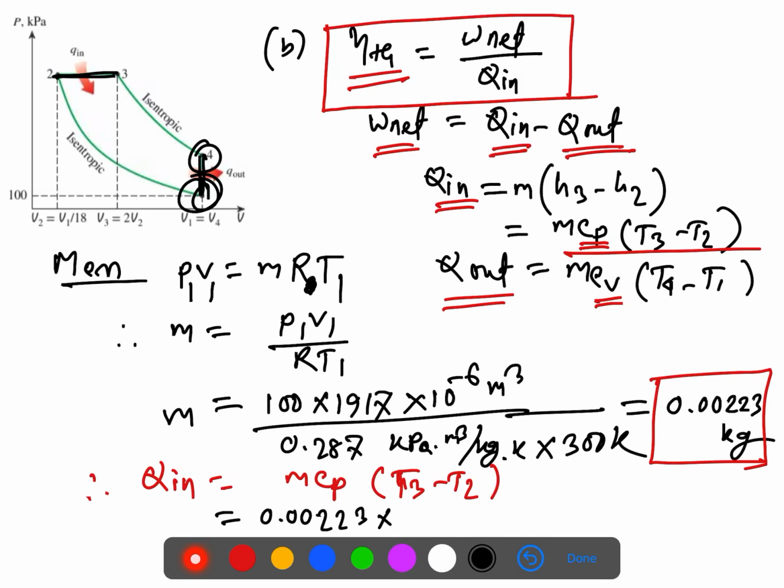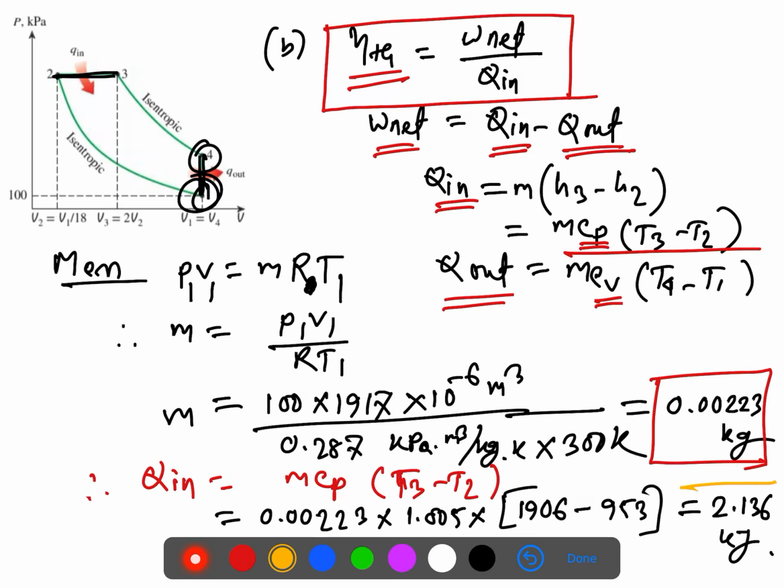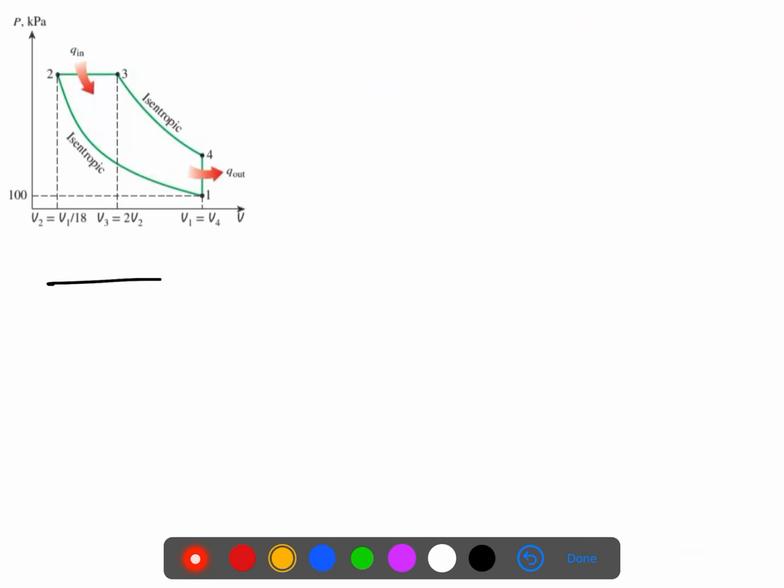Cp, we got it is 1.005 from the table. We wrote it down at the very beginning. The temperature difference is 1906 minus 953. So this value we will get is 2.136 kilojoule. This is the heat in.